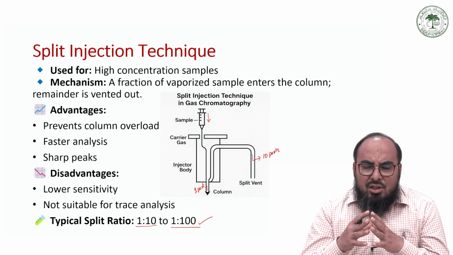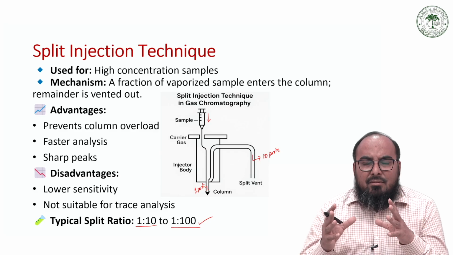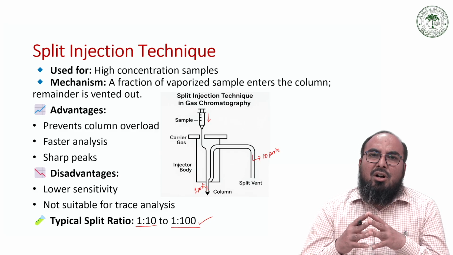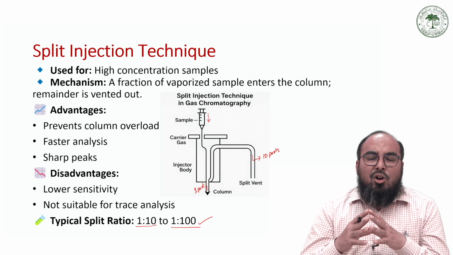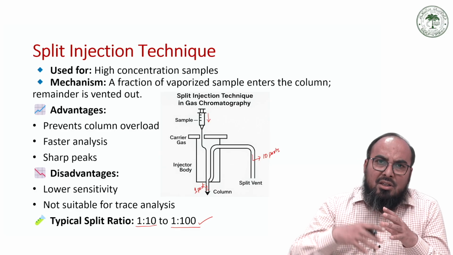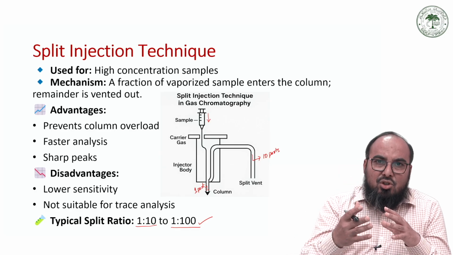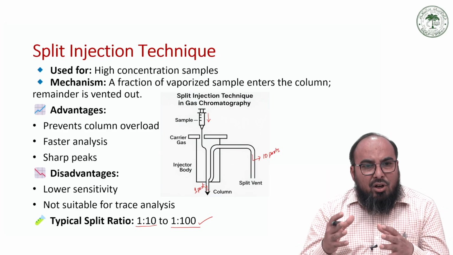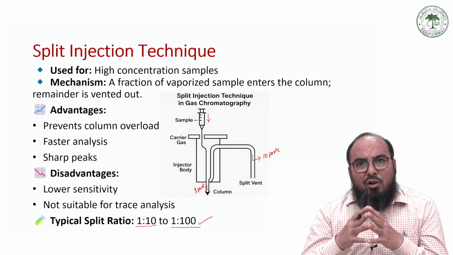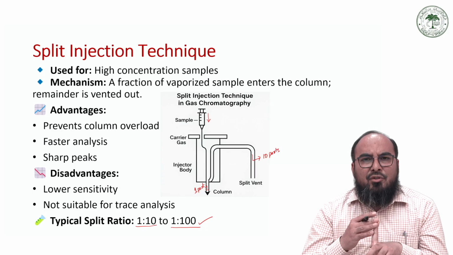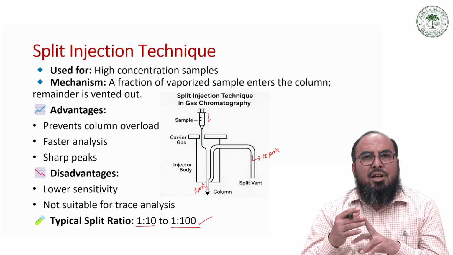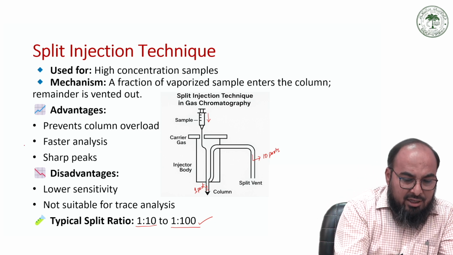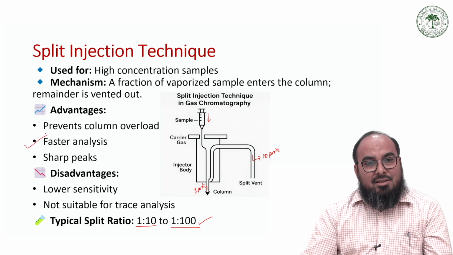Because of this venting facility, your column does not get clogged, and it cannot be packed beyond its capacity. So your column remains compatible. Because of this, you always avoid overloading and clogging of your column, and at the same time it gives you a very fast analysis.